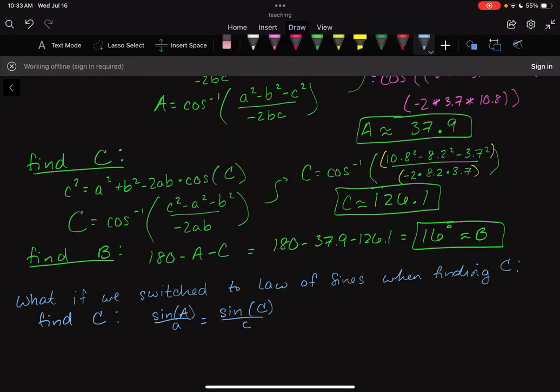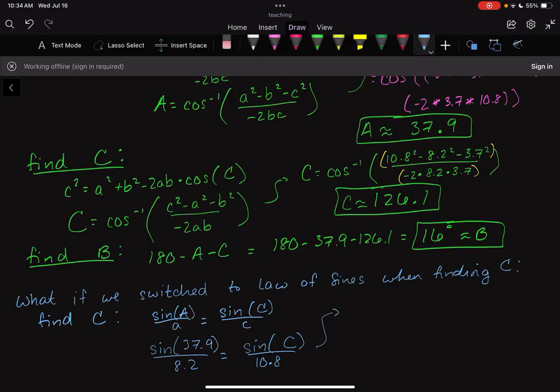If I solve this, I plug everything in, so I've got sine of A, which was 37.9, over A, which was 8.2, is equal to sine C over C, which I'm looking for, because we're pretending like we don't have it. We're doing it different.